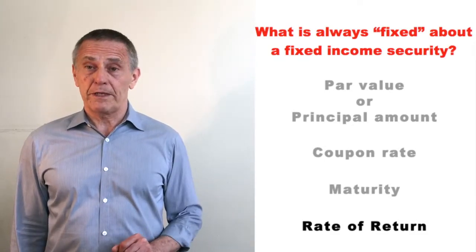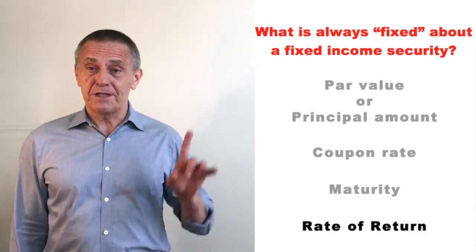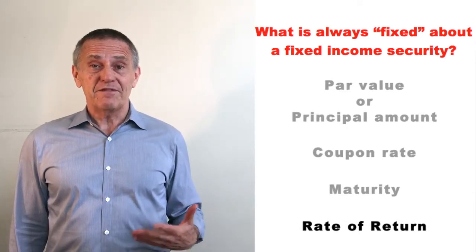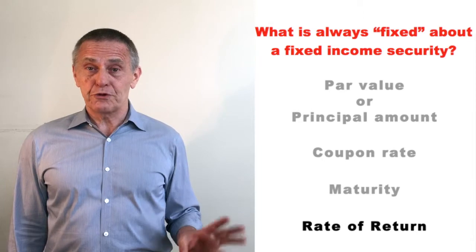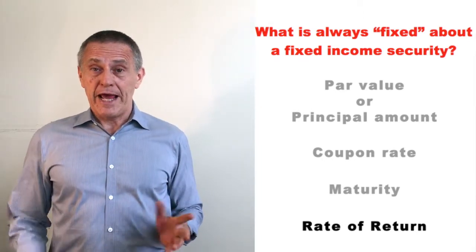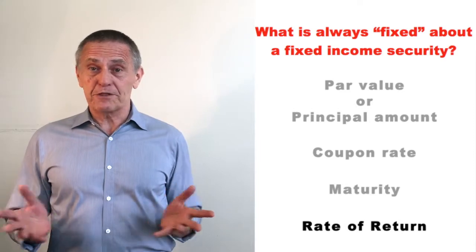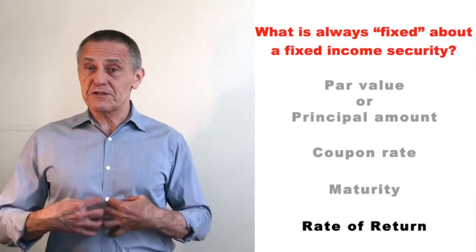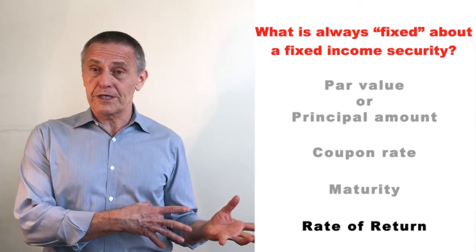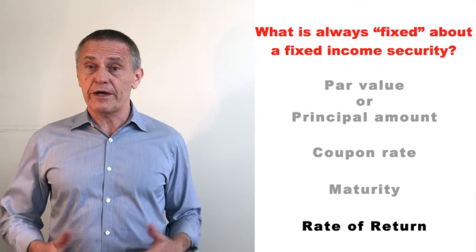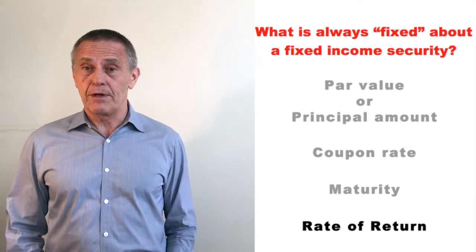How about the fourth item on the list? Believe it or not, it's the most problematic of the bunch. Even though it might seem quite natural to interpret fixed income as meaning fixed rate of return, and in fact, most basic books will define yield to maturity as the rate of return to an investor who buys a bond and holds it to maturity, almost nothing could be further from the truth, at least if one is talking about coupon bonds.